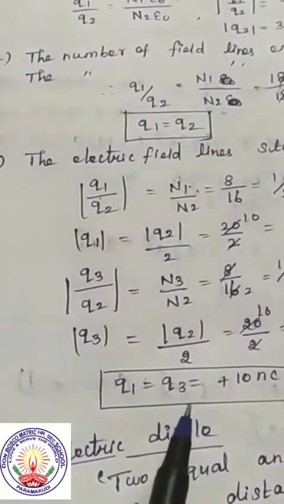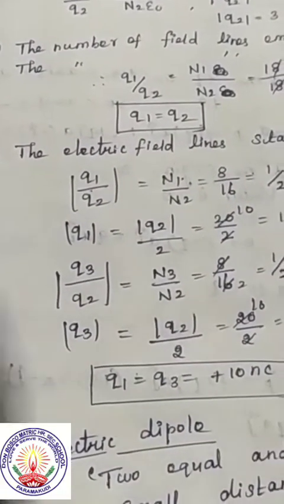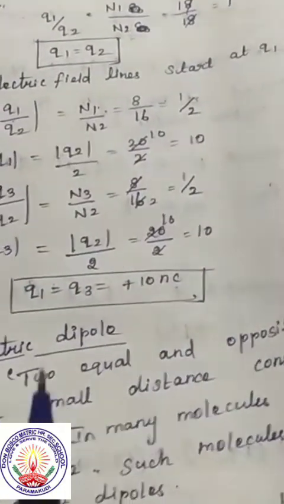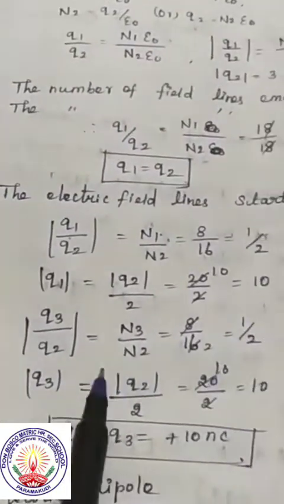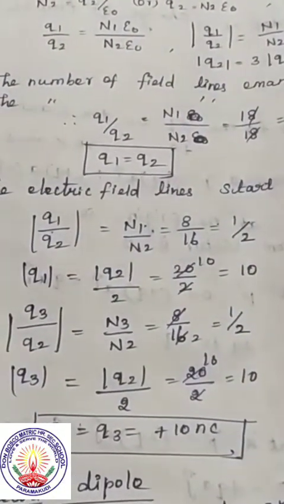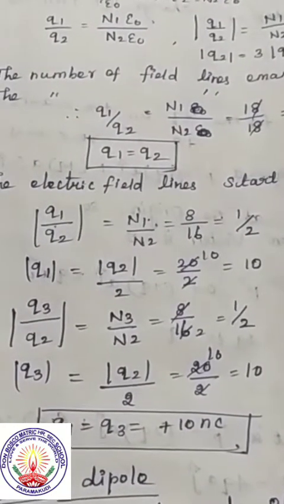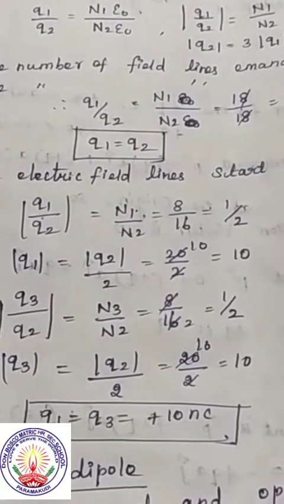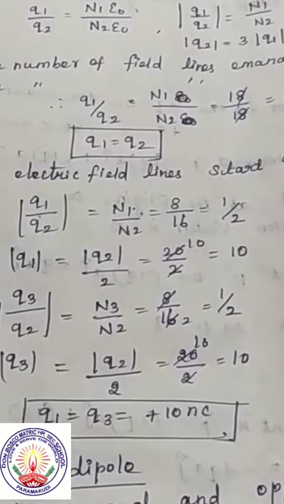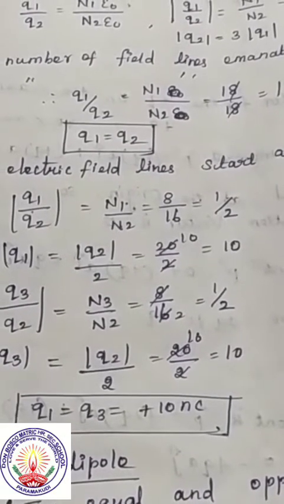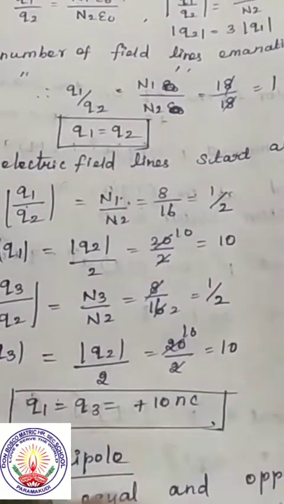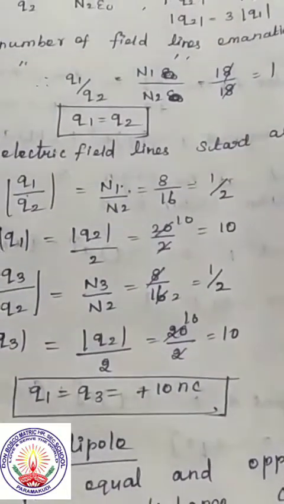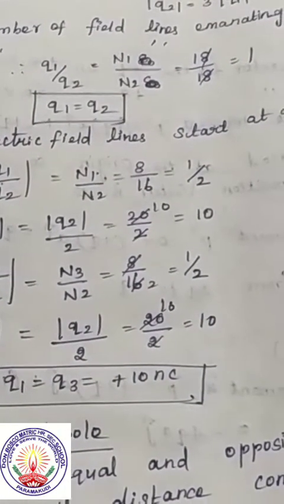So Q1 and Q3 value is plus 10 nanocoulomb. Then next one. So till now we have learned what is the electric field, what are the aspects of electric field and electric field lines, what are the rules. Then next, these rules are based on the problems. So the example 1.9 finished.